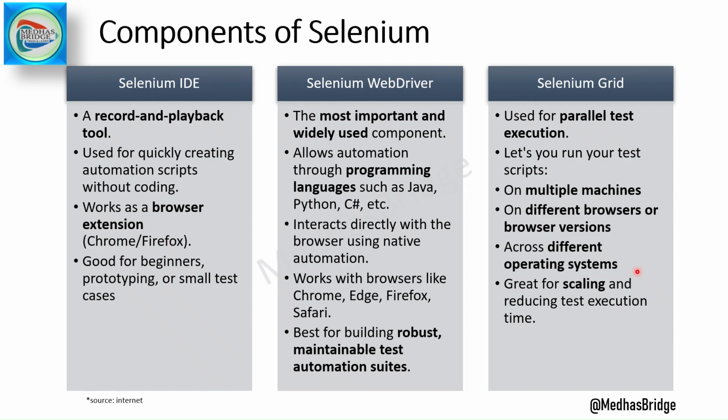All right, so make a note of it. These components of Selenium are very important to understand. While you are building bigger automation frameworks, you will understand how each and every point mentioned here is so important for you.